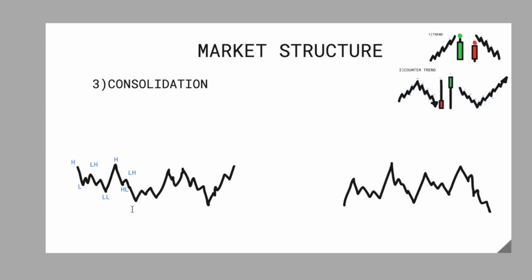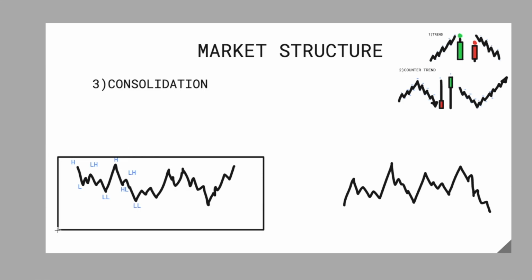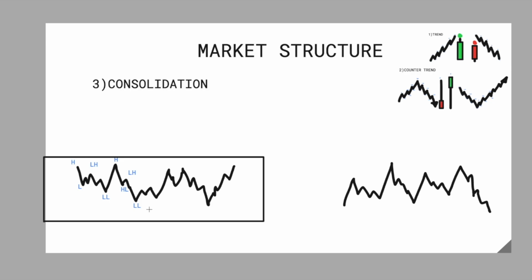This will be our lower low. So as you can see, structure's basically going up and down, up and down, up and down. It's not actually moving to the upside or the downside. So that's why it's called consolidation. It's within the range.